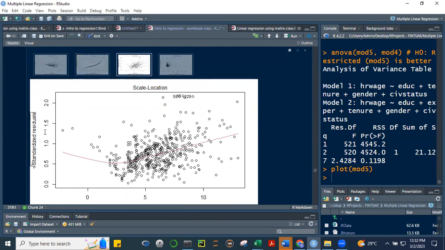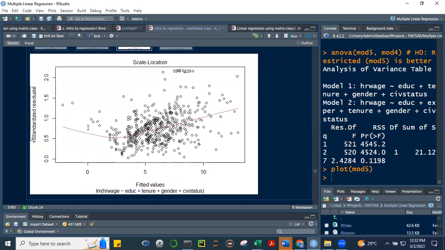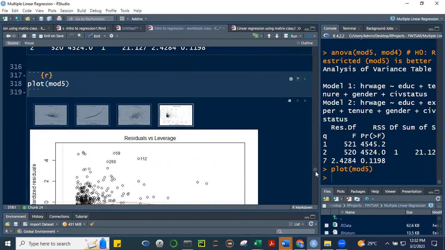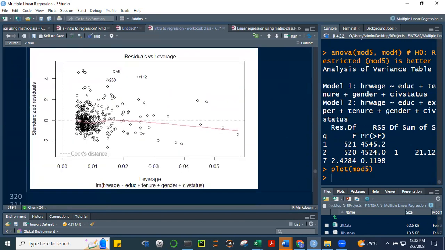Tapos ito din, class, this is also a plot of heteroskedasticity. Ito yung model natin, fitted value versus the square root of the standardized residuals. Mukhang may pattern talaga siya. And you can see here 3 numbers, ibig sabihin candidates for outliers to, mga outliers yan. And last, ito, class. So makikita din natin to, no? Leverage are very important.